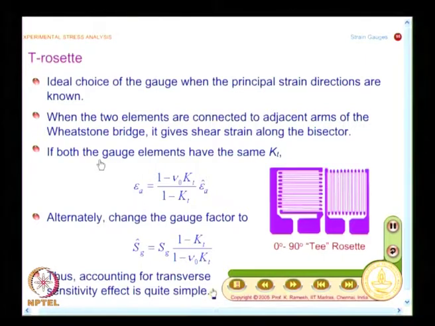Suppose I have both the gauge elements having the same transverse sensitivity factor kT, then the axial strain is simply given as 1 minus nu naught kT divided by 1 minus kT into the apparent strain epsilon A cap.